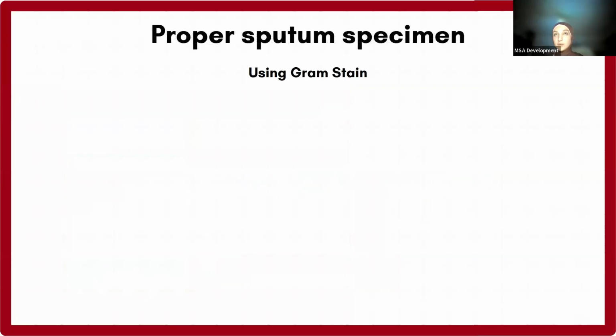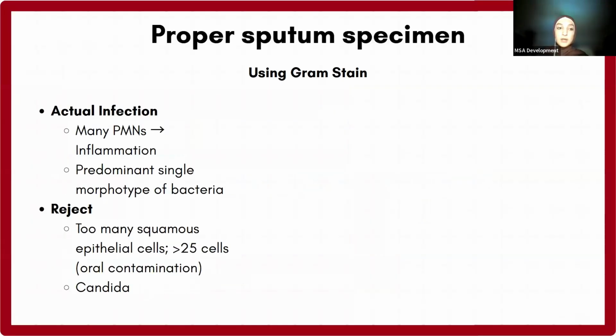Now, using gram staining for a proper sputum specimen, after you get the sputum, you want to look at it under a microscope using gram stain. Okay. Now, if you have an actual infection, the main two things that you're going to see are many PMNs, which indicate inflammation, and a predominant single morphotype of bacteria.